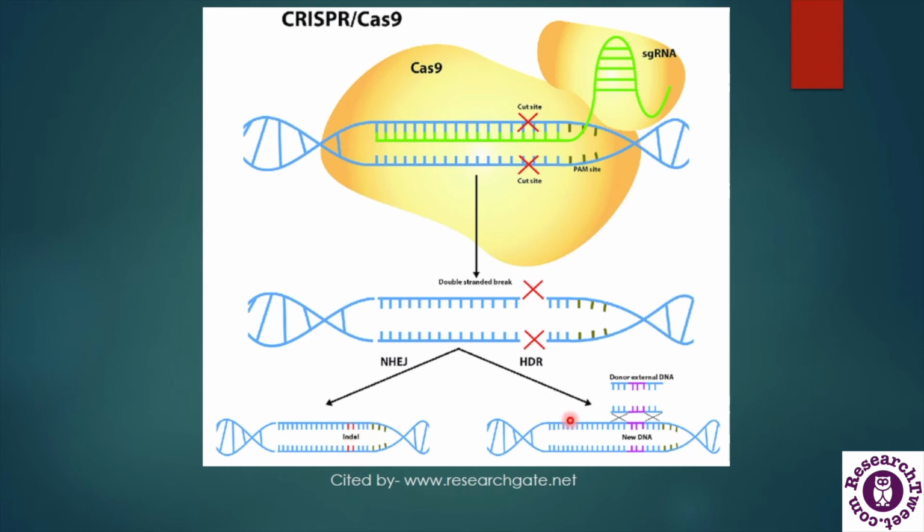But in the case of homology directed repair, it needs an external DNA as a template, and with the help of this template this mechanism repairs the DNA, and thus the CRISPR-Cas9 mechanism works in the process of genome editing.